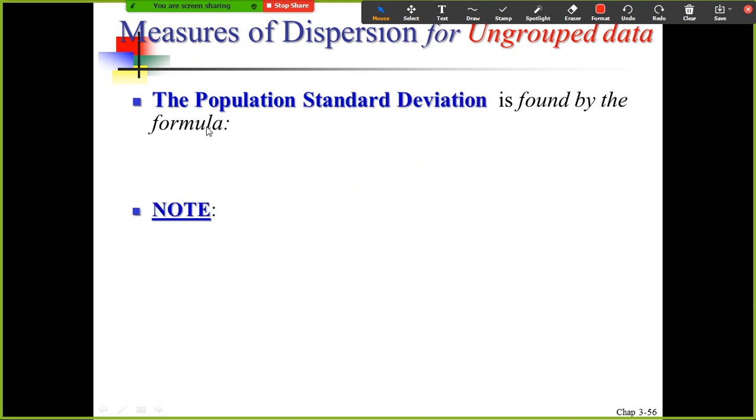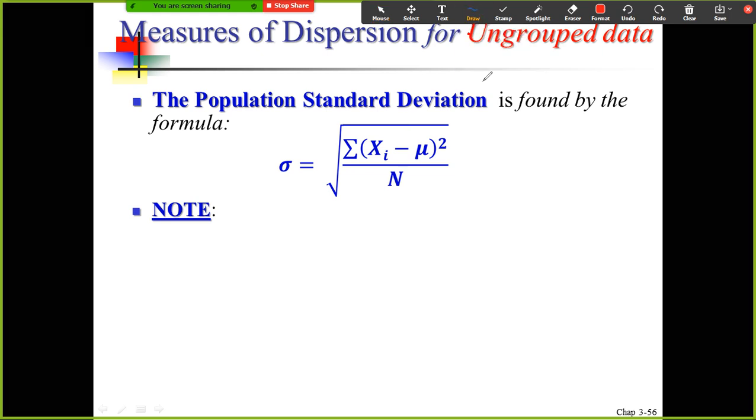If you have population variance, we can find population standard deviation by taking the square root of variance. This is the standard deviation.